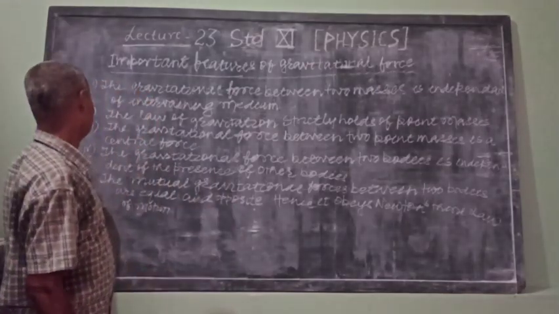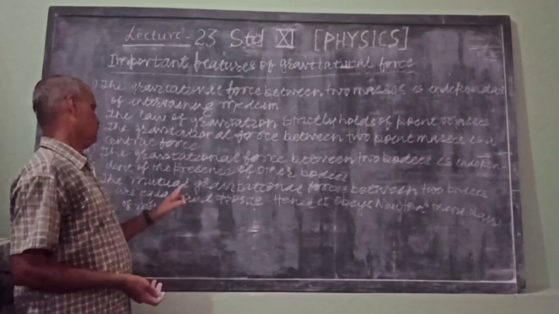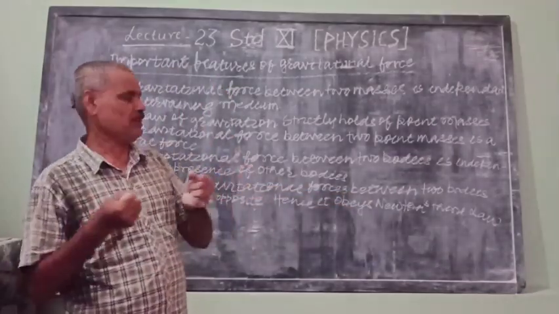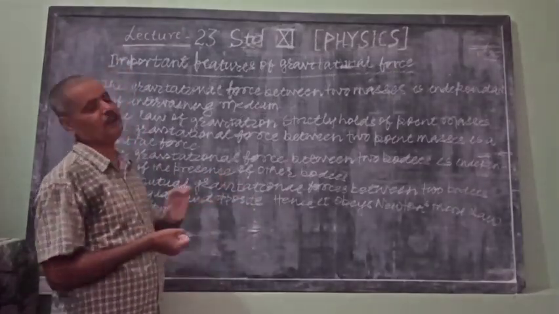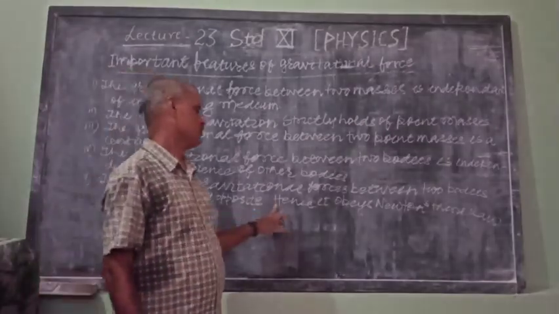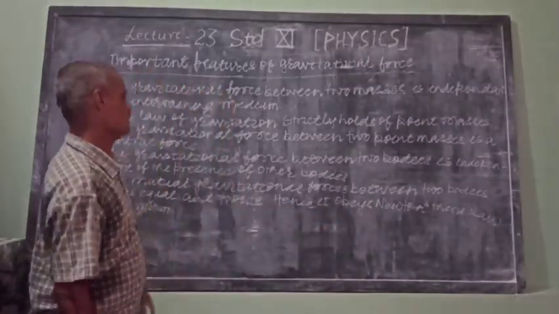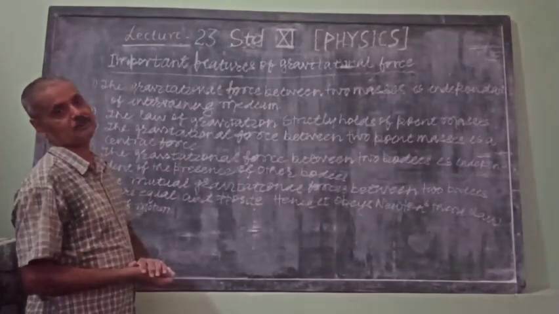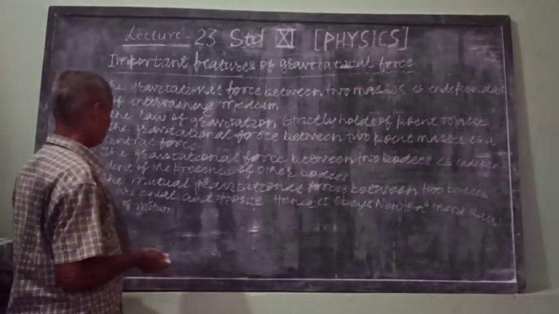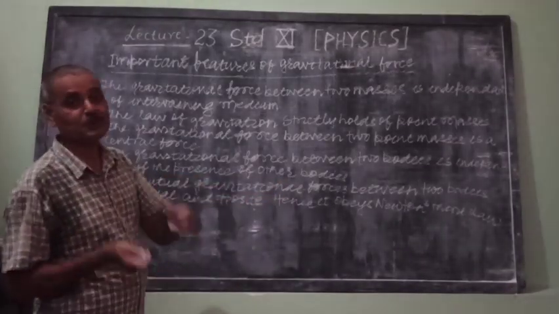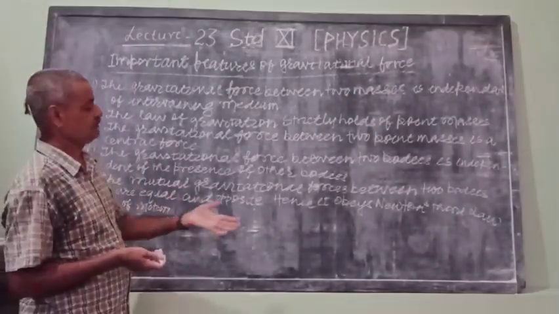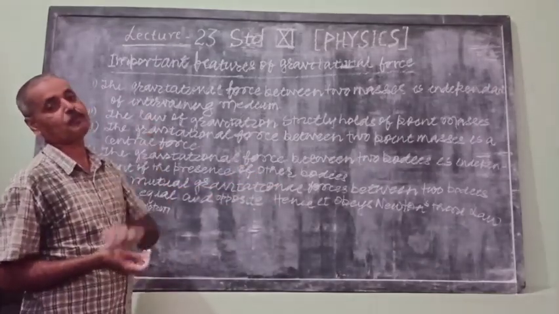And point number 5, the mutual gravitational forces between two bodies are equal and opposite, action and reaction. Hence, it obeys Newton's third law of motion. We have studied every action has an equal and opposite reaction. So the mutual gravitational forces between two bodies are equal and opposite, hence it obeys Newton's third law of motion.